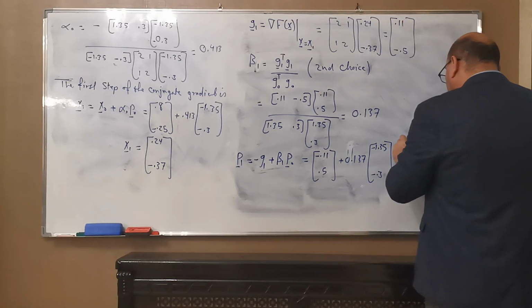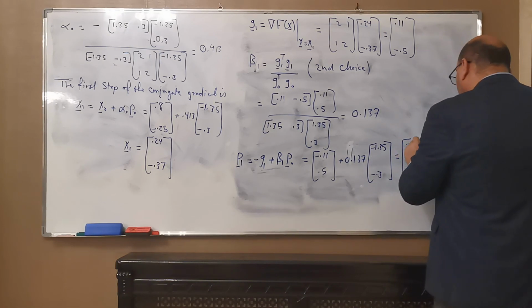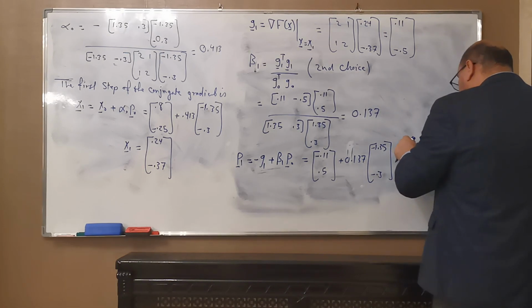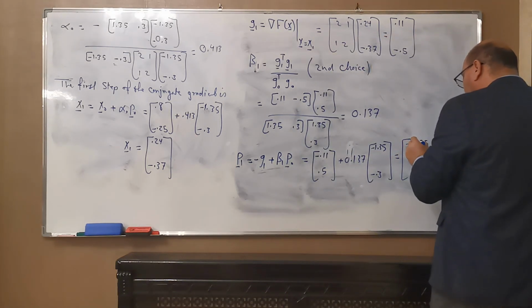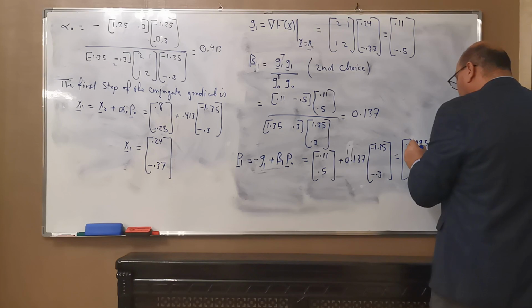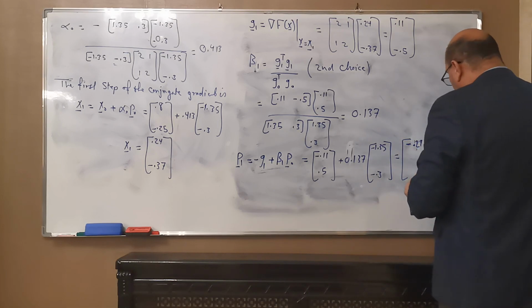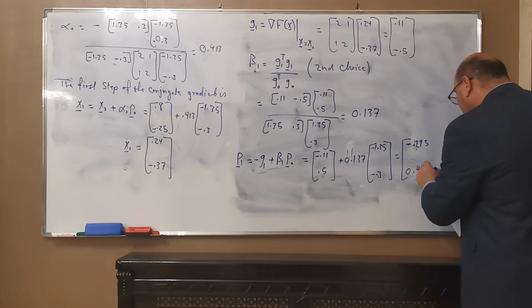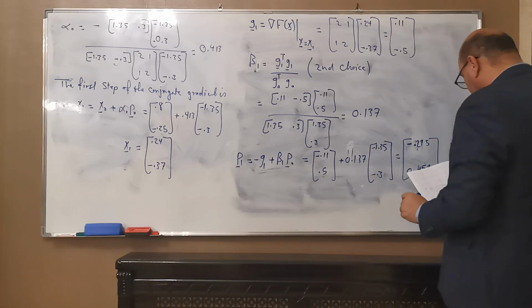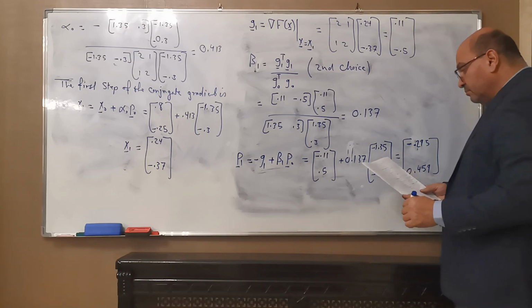And this is equal to (-0.295, 0.459). So this is our p1 direction.